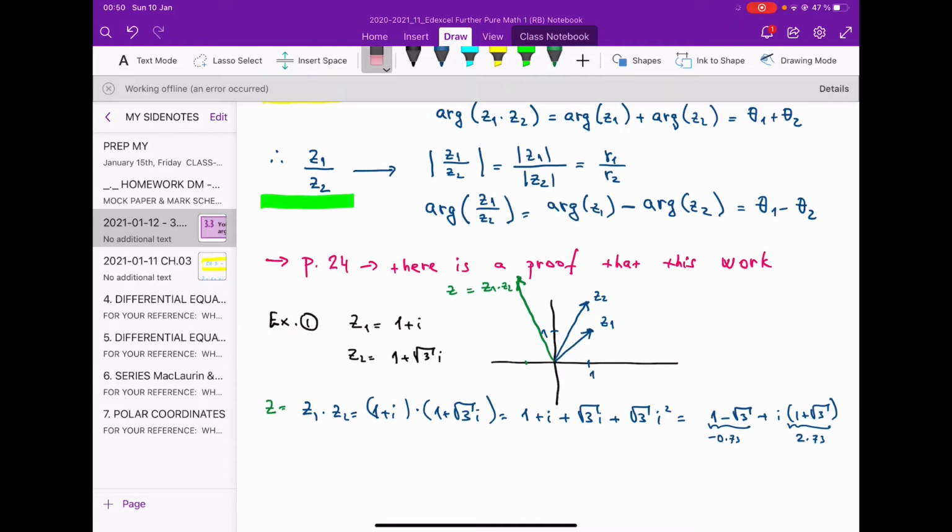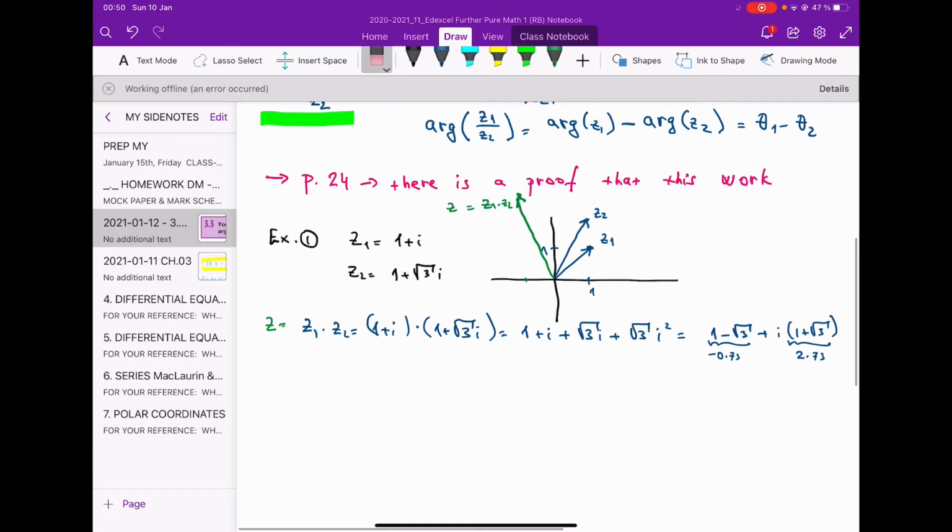Now I want to show you that the formulas we introduced at the beginning really do work. When you look at z1, r1 is the modulus of z1, which is root of 1 squared plus 1 squared, so root of 2.